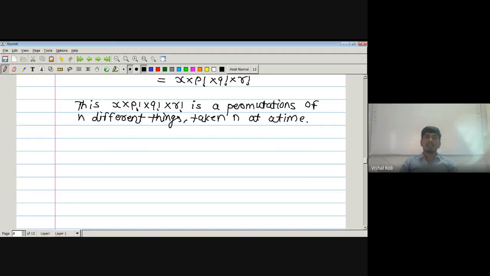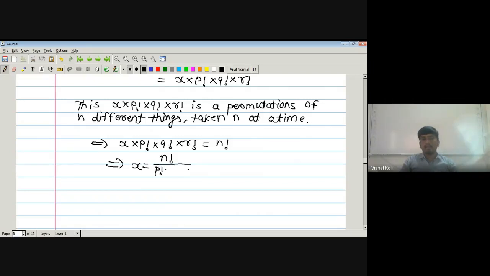So x into p factorial into q factorial into r factorial is equal to n factorial, which implies the value of x is nothing but n factorial divided by p factorial into q factorial into r factorial.